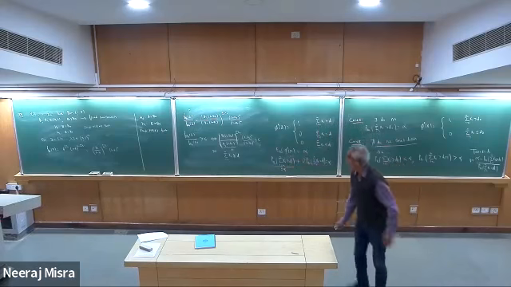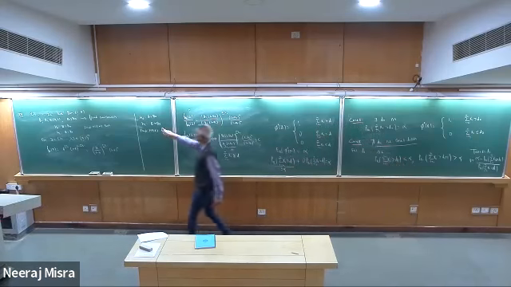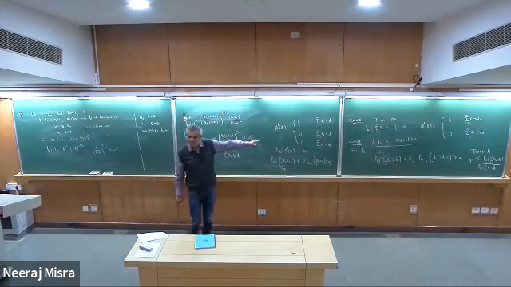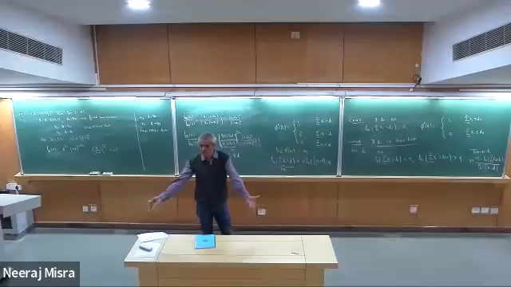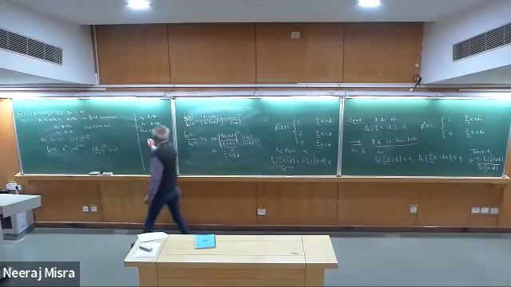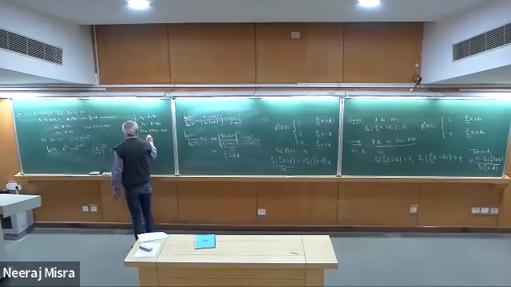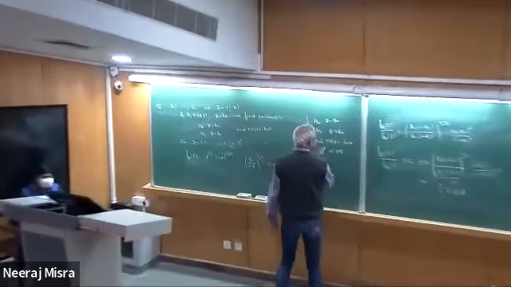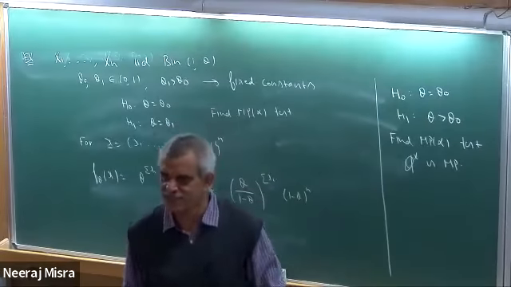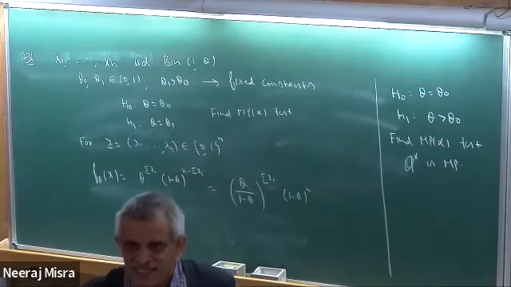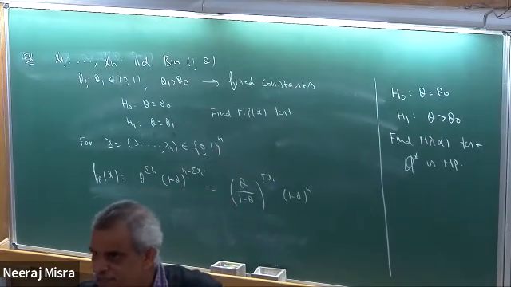At each of these points bigger than theta naught, the same test would have the maximum power, and the test does not depend on which theta 1 you have chosen. So phi star is most powerful. The reason is that the test does not depend on the point in the alternative hypothesis which you have chosen.